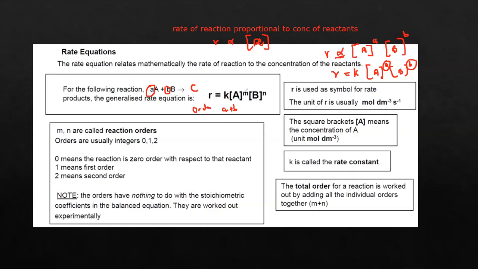Actually, in this example, instead of a it should be written m, and this n: A raised to power m and B raised to power n.